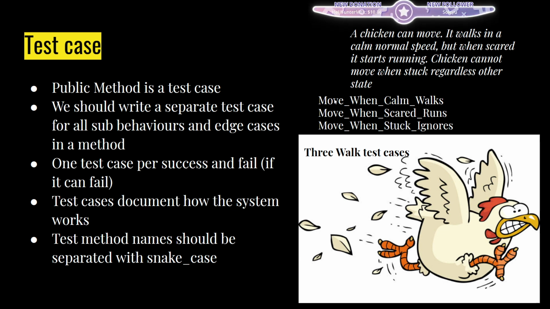So I called method move when chicken state was calm, and the result was that chicken walked. I called move when chicken was scared, the chicken runs. I called move when chicken was stuck, nothing happened. So I read those three test cases, and without inspecting test body, I know what happened. I know what to expect.